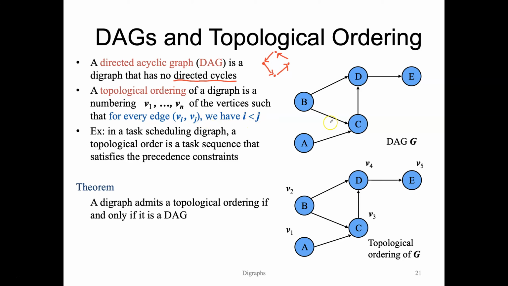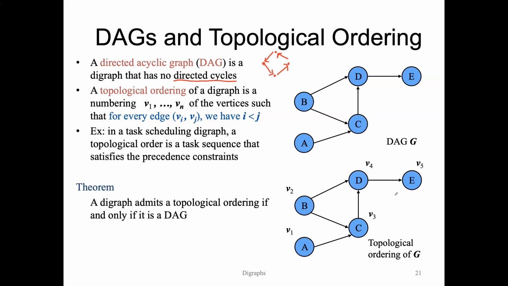For example, there's an edge from A to C, which means in a topological order, vertex A would come before vertex C. So I have here a labeling of vertices following one topological order. They're not unique, but they characterize directed acyclic graphs in the sense that a digraph has a topological order if and only if it is a directed acyclic graph.